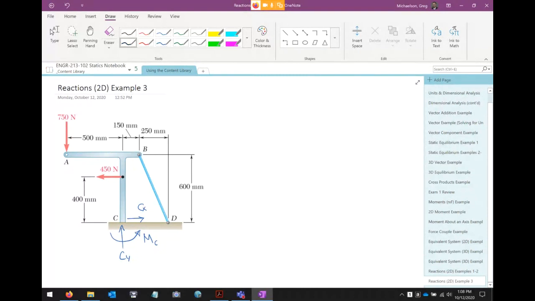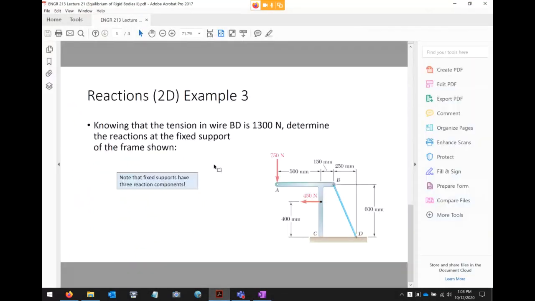Now, before we start breaking this problem down, I want to recall. The problem statement says, knowing that the tension in the wire is 1,300 newtons, determine the reactions.